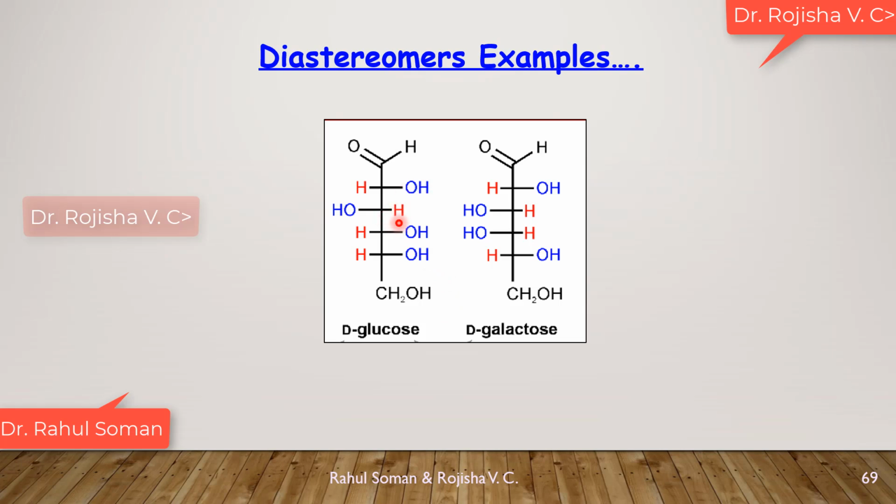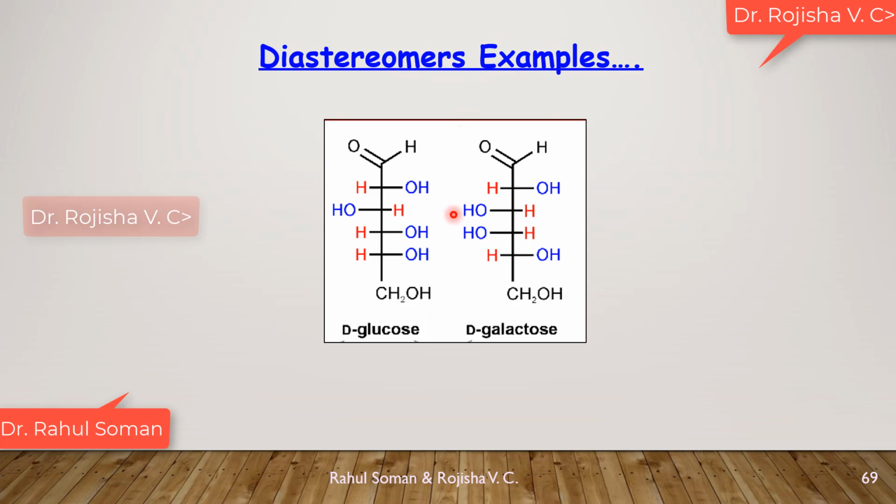If we take the mirror image in galactose, that OH should come on the left side. Simply by seeing, they are not mirror images.